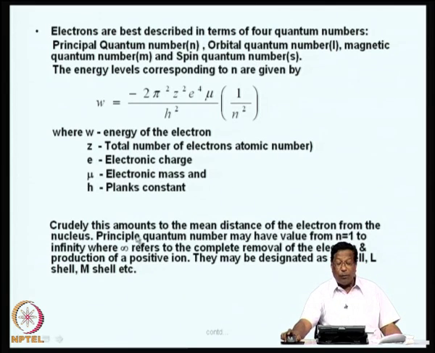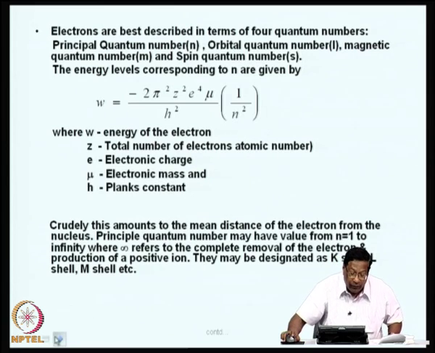So, it can vary from 1, 2, 3, 4, 5 etc. And infinity refers to complete removal of the electron from the system and production of a positive ion like hydrogen ion and helium ion etc. They may be designated as K shell, L shell, M shell etc.